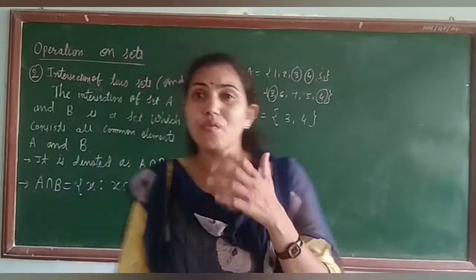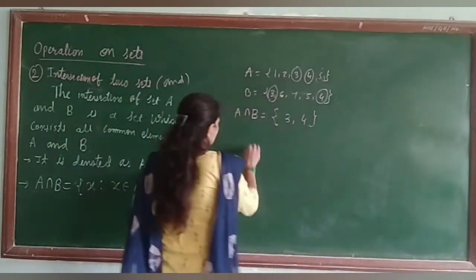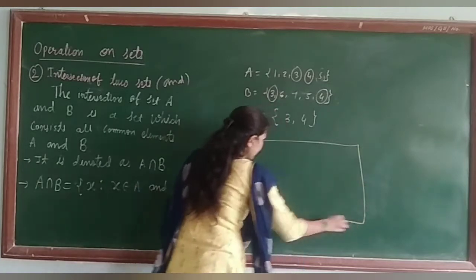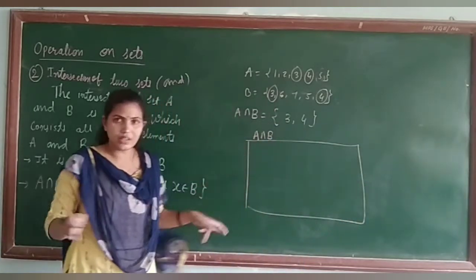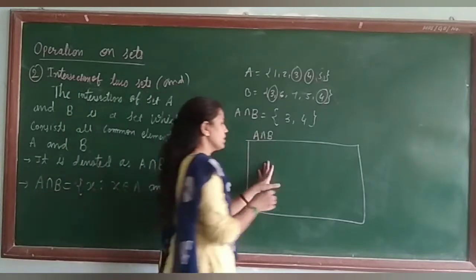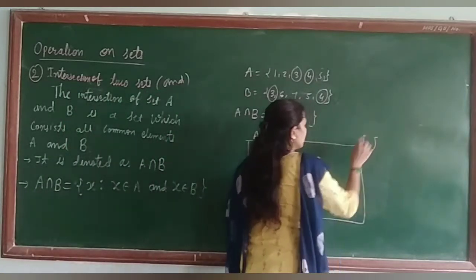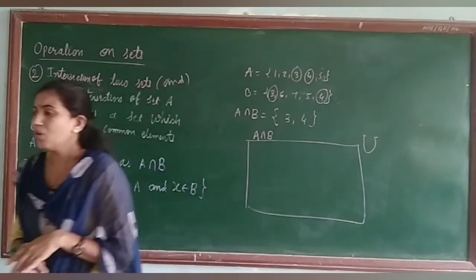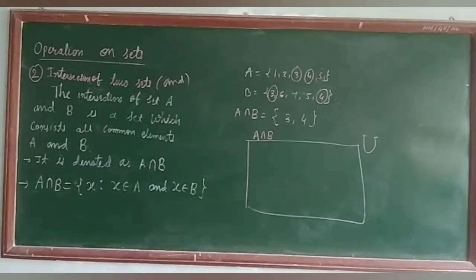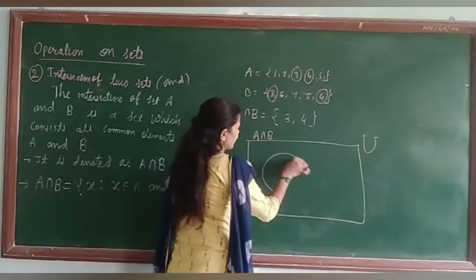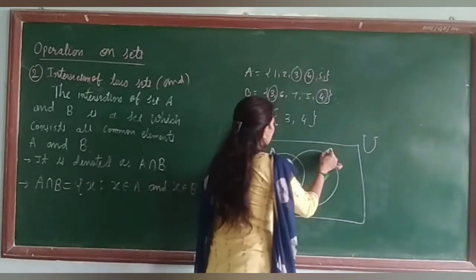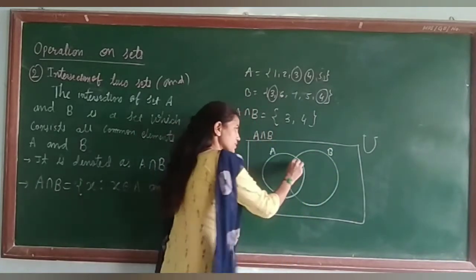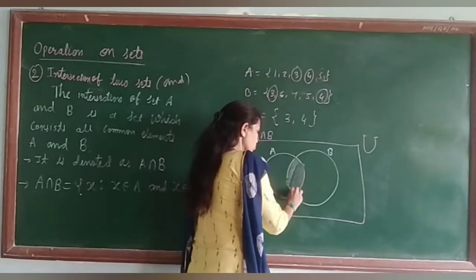Now students, हमने Venn diagram भी देखा यूनियन के लिए, so we will see a similar Venn diagram for the intersection also. It is enclosed in a rectangle, and this rectangle is known as the universal set U. Now I am going to represent the two sets A and B. So here we have A and this is B. Intersection means the common elements, so the common part we have to highlight.